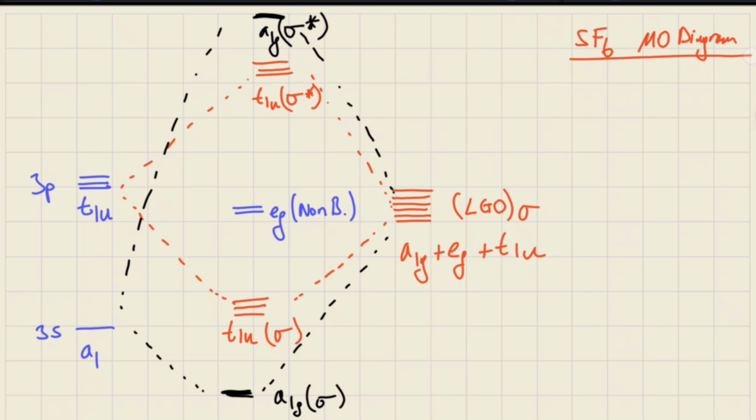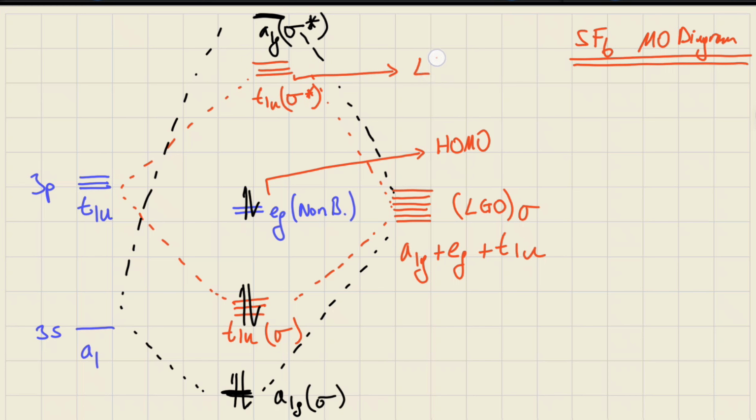So we can put our electrons. If you put them, it will fill until here, by the way. So this is our highest occupied molecular orbital, and this is our lowest unoccupied molecular orbital. I think there is a small correction.